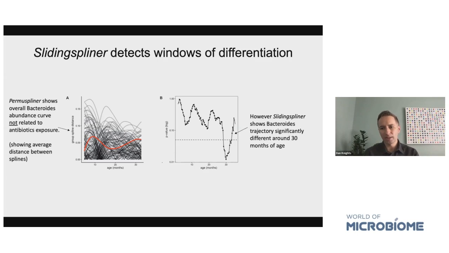And here we found actually that right around 30 months of age, there was a significant difference between the trajectories of Bacteroides in the 2 groups. And you can see here that the p-value of significance is dropping in that window. So this is kind of nice when you have a data set where you might have arbitrary time points, missing samples, and longitudinal data, and you don't really know the shape of the curves over time, and you don't know whether the significance is going to be in the whole curve, or maybe just in a certain window of time.